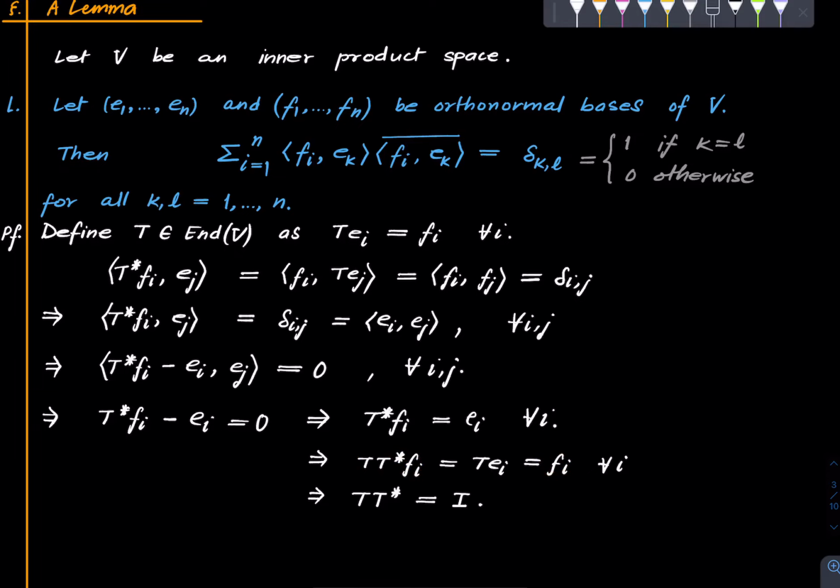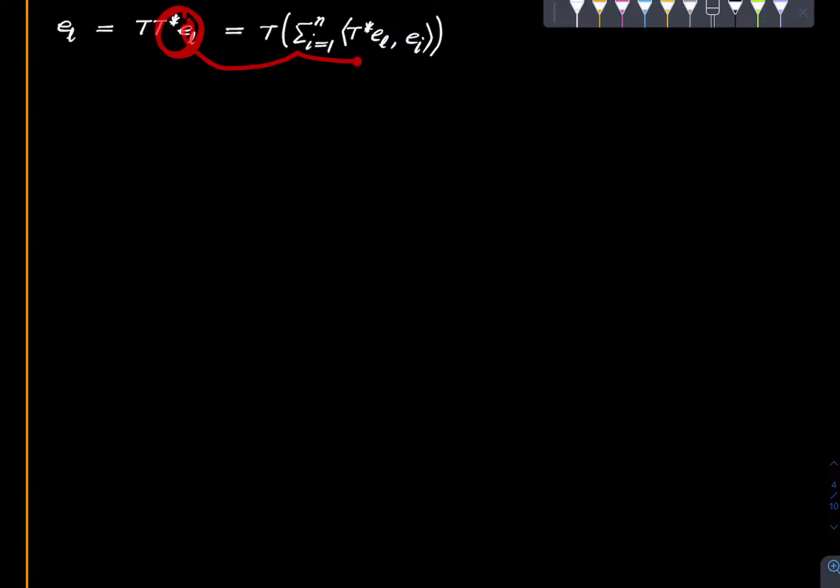All right. So now we have e subscript l. This is equal to, because T star is identity, right? So all we have used is that T star e_l is equal to that expression. Color coding will help.